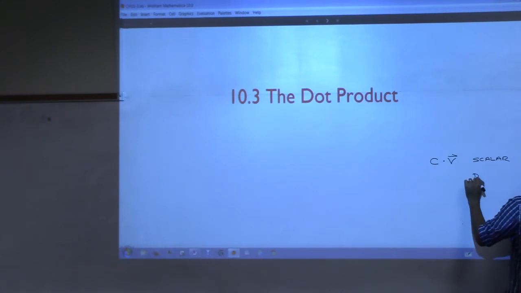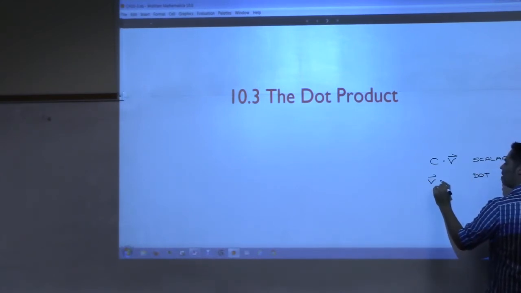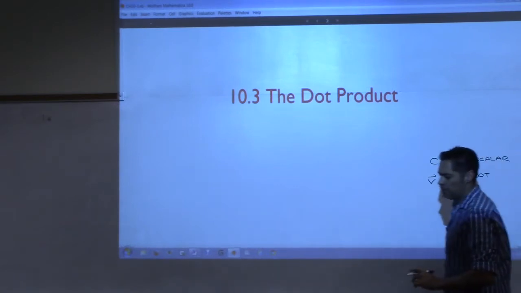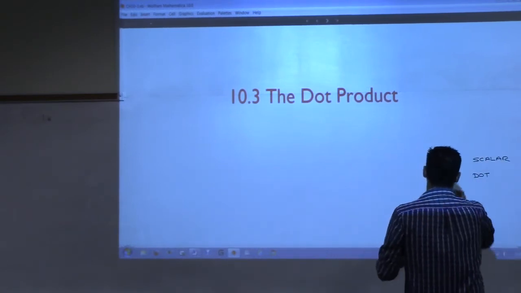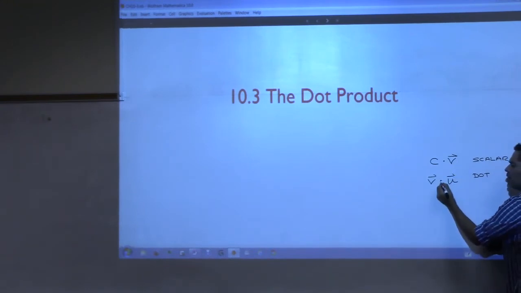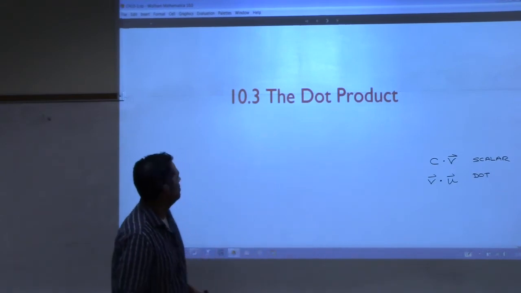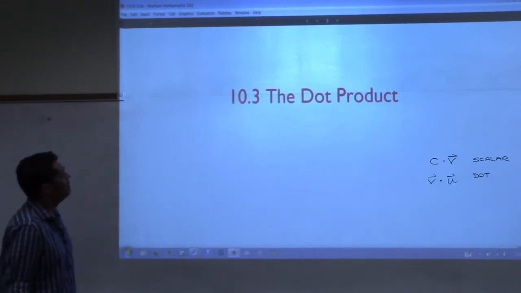So now we're going to look at the dot product. The dot product is what happens if you have 2 vectors, let's use v and u. What happens if you take 2 vectors and try to multiply them together? How do you do it? What does it mean? All that good stuff.